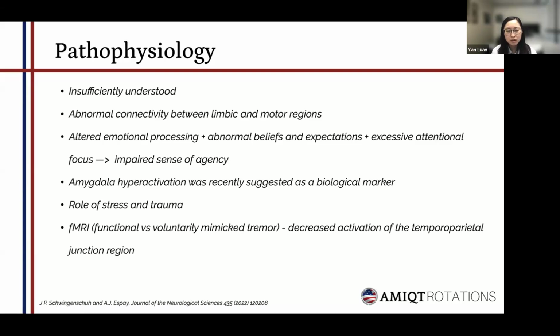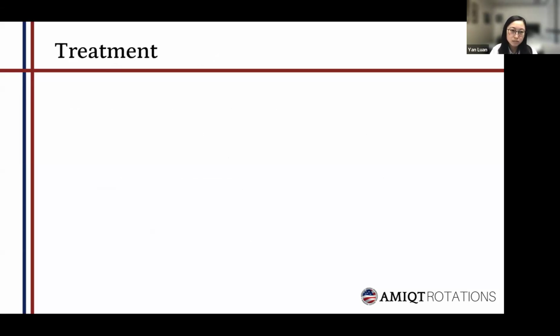It is important to note that functional tremor is real. Recent functional MRI studies found decreased activation of the temporoparietal junction region when comparing functional tremor and voluntarily mimicked tremor.